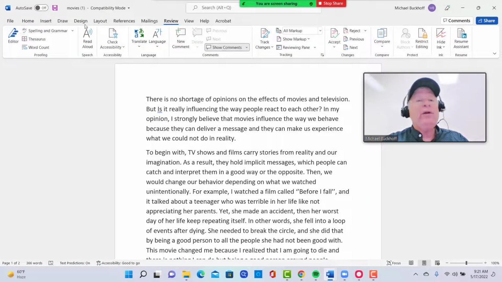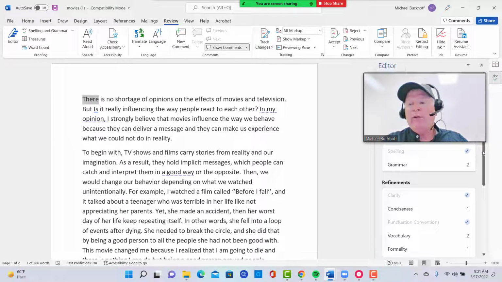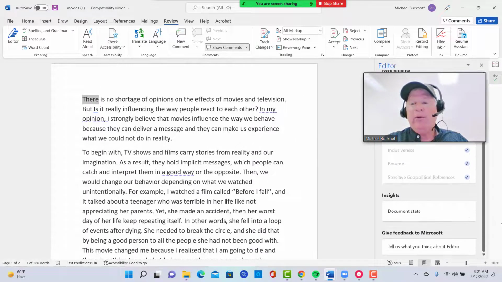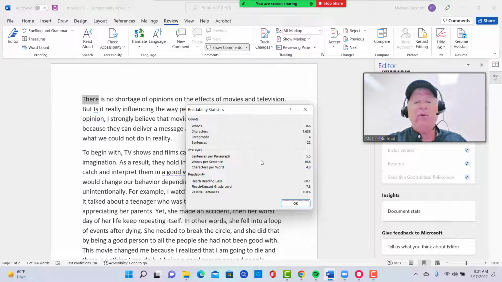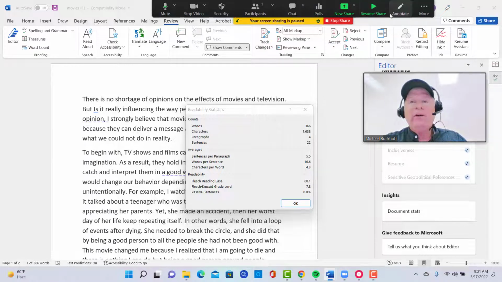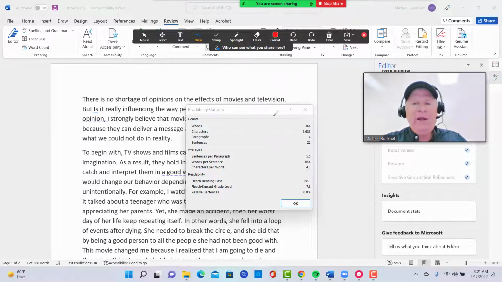Okay, the first thing I want to do is I want to see what Microsoft Word thinks of it, and this is somewhat similar to E-Rater, ETS's artificial scoring engine, right? I'm going to take a look at your words and also your vocabulary, your sentence structure. So when I look at this, I think E-Rater is going to have some problems here.